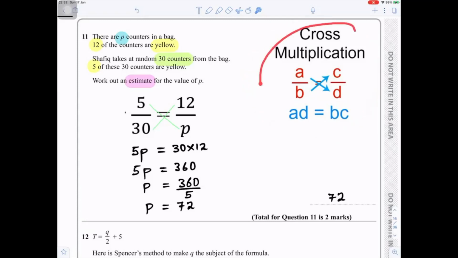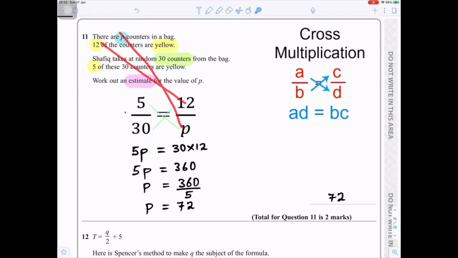The method of cross multiplication says if A divided by B equals C divided by D, then A times D equals B times C. So what we want is Shafiq takes at random 30 counters from the bag. 5 of these 30 counters are yellow. So 5 out of 30 equals 12 out of P, because we know there are P counters and 12 are yellow.